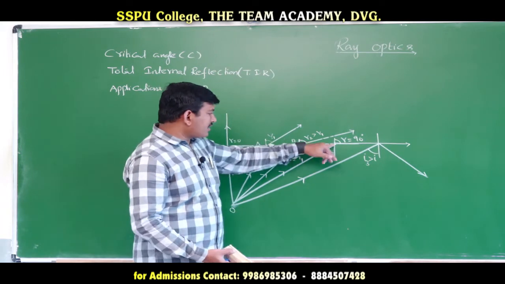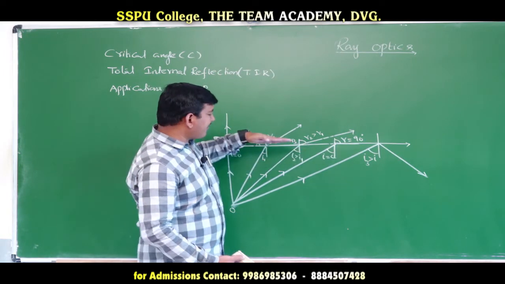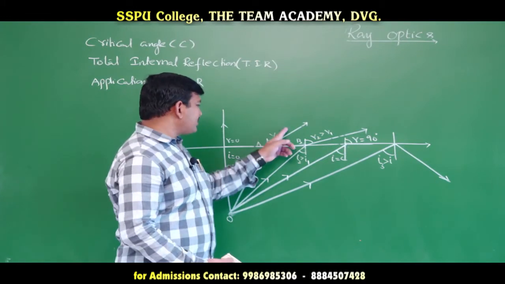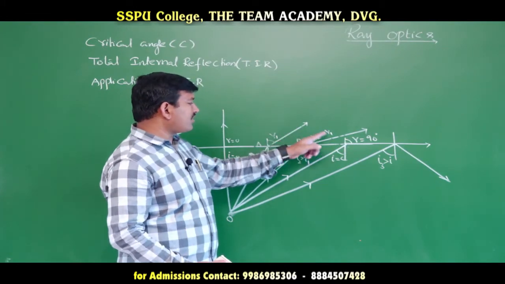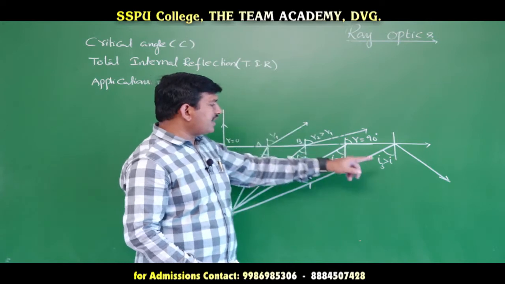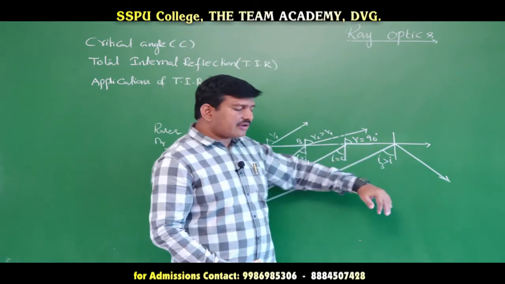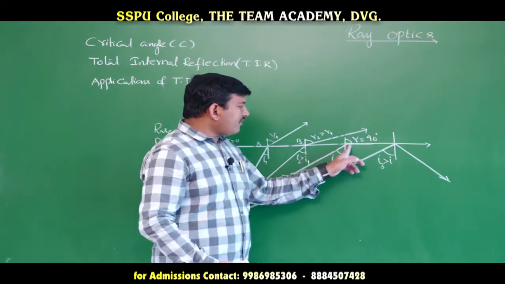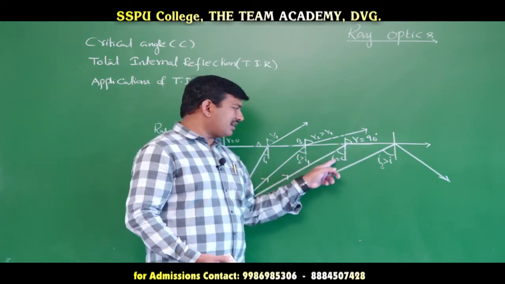Critical case. In the critical case, the refracted ray is along the interface or it is grazing the interface. These two are the refracted rays above the interface, and this is the reflected ray below the interface, and this is the ray which is grazing the interface. Therefore, this is nothing but the critical case.